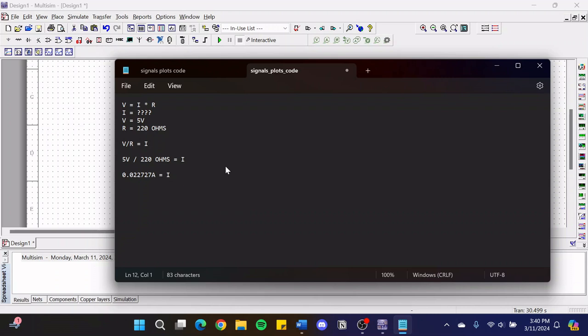We want to convert that into milli or pico or micro, whatever gives us the most almost physically understandable value. So what a lot of people would go ahead and do is convert this into milliamps. How do we convert that into milliamps? We're going to go ahead and move that decimal place over by 3, right?